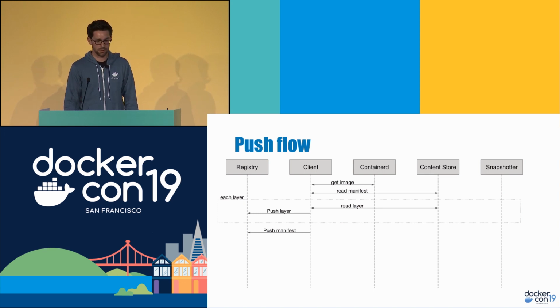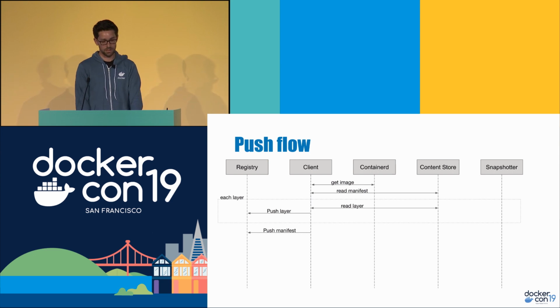After it's pushed the layers, it pushes the manifest, and that's it for the push flow. So there's nothing that needs to go to the snapshotter. There's nothing that gets created during the push flow. And just like the pull flow, all the interaction is directly from the client to the registry, which has the same advantages as I was mentioning about being able to configure that registry connection however you want.